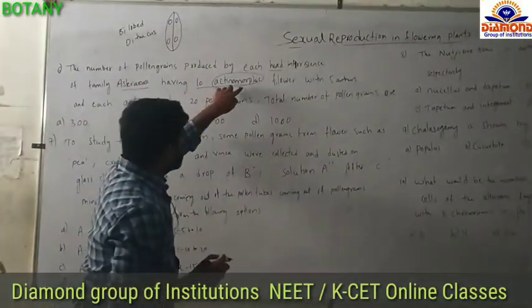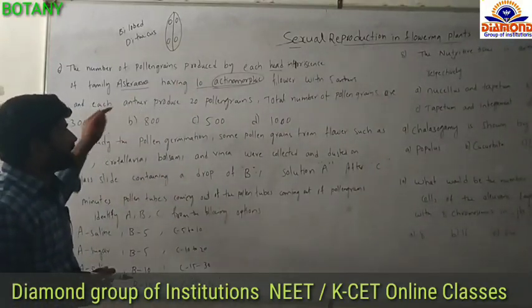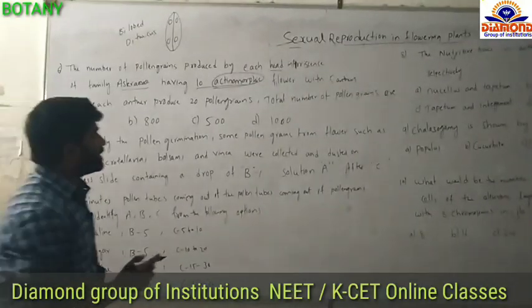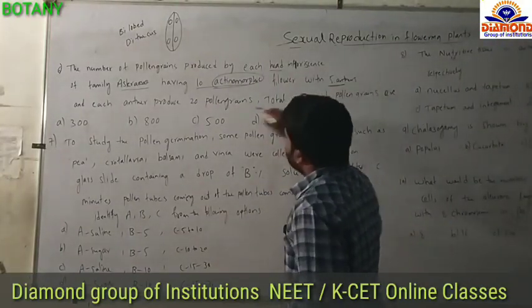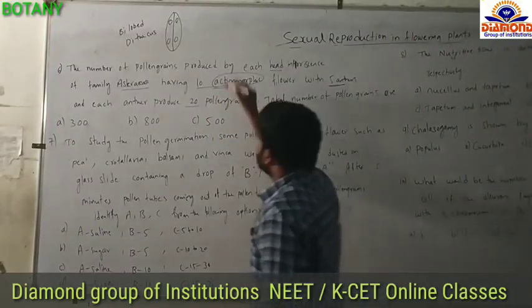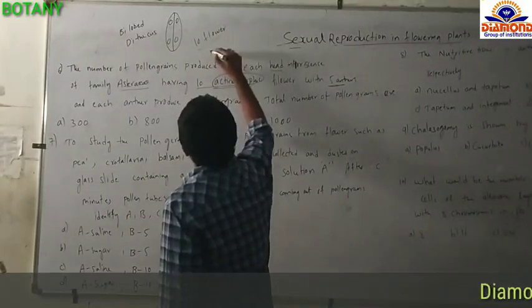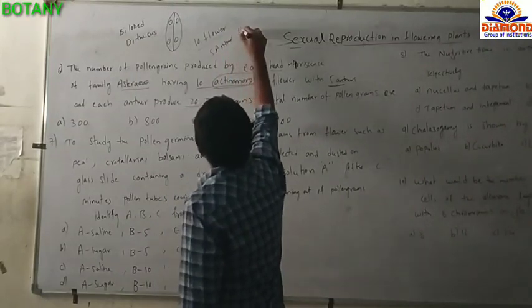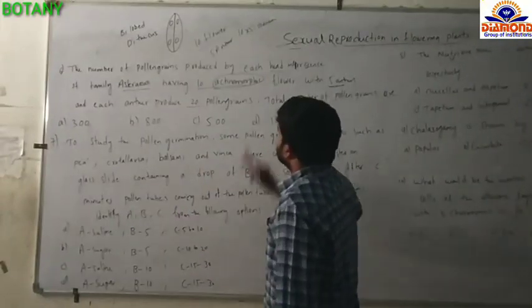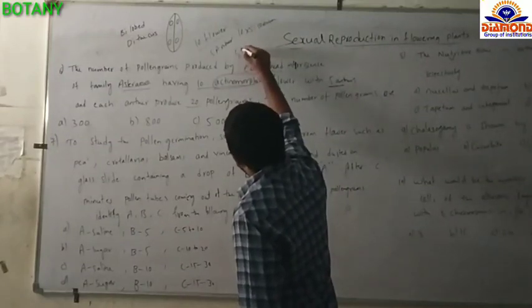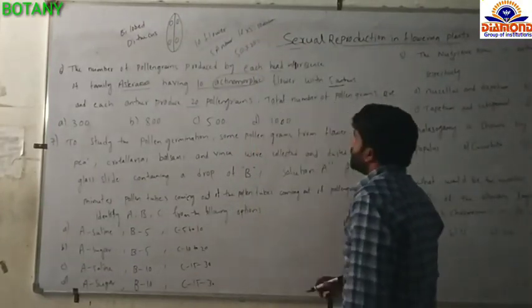Now, based on the anther character of Asteraceae family members, we have to estimate the number of pollen grains.